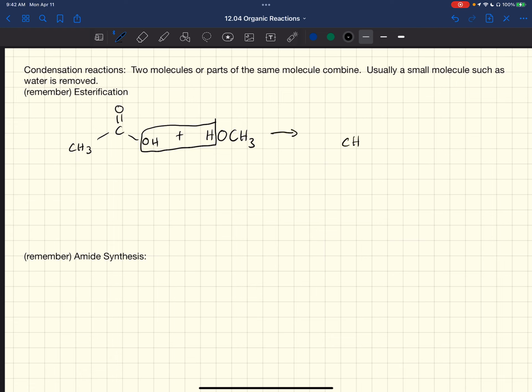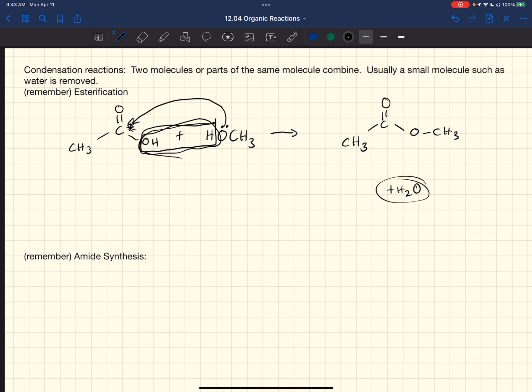Okay, so we go CH3. So here's our carbonyl. Now we're going to switch what's attached. We're going to attach to this carbon. This is where the reaction happens. So we're going to lose these two things, which are going to make a water. So this is going to come in and attach here. So we've got OCH3.